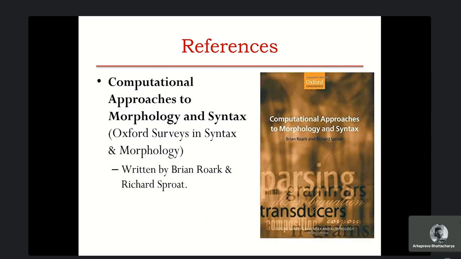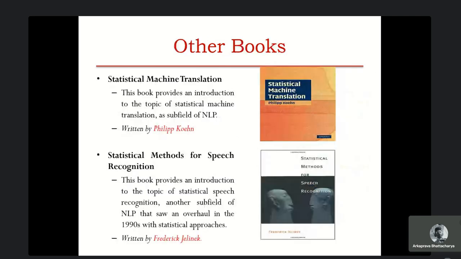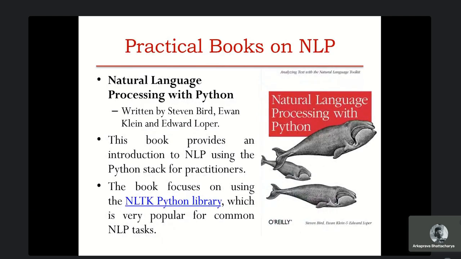And if you are deeper into the text analysis part, there are books on computational approaches for morphology and syntax, statistical machine translation, and statistical methods for speech recognition. Then this is one of the most beautiful books for beginners who want to get into natural language processing with Python. It has complete information regarding NLP and each and every step of NLP, and it has been designed beautifully.